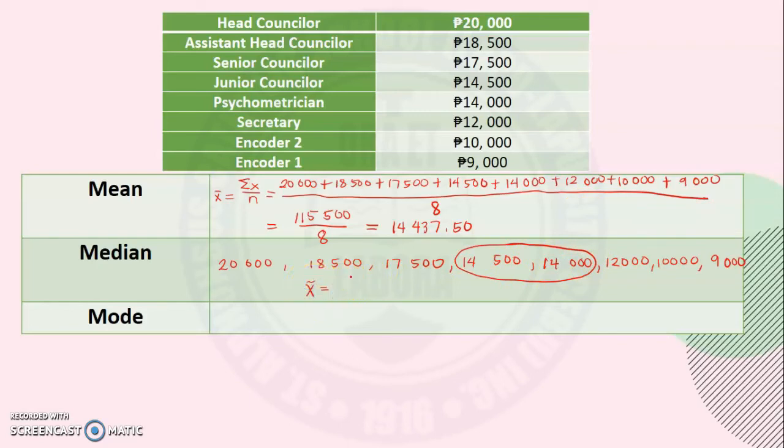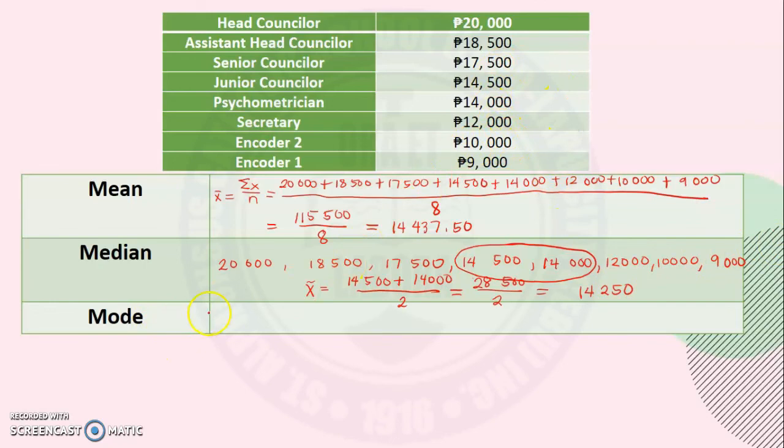The median should be the sum of these 2 values divided by 2, and that is equal to 28,500 divided by 2, and the result is 14,250. We are done finding the median of this set of data.